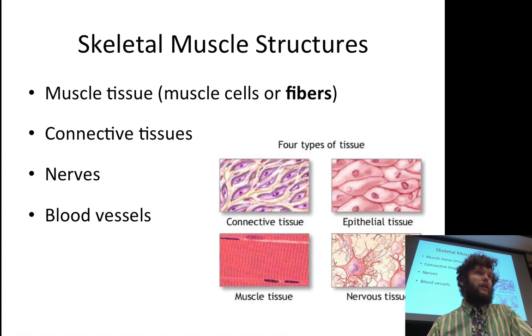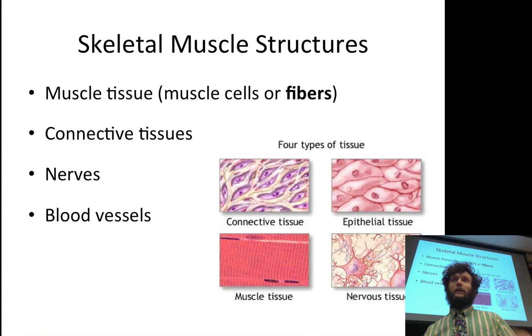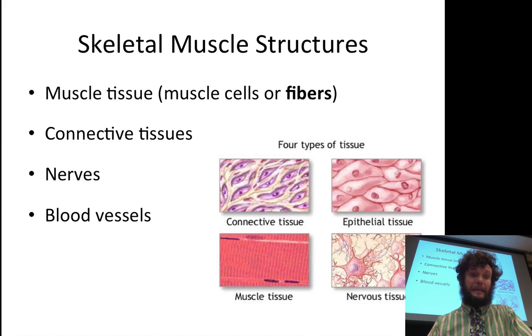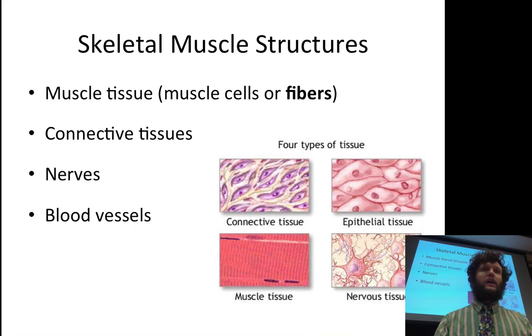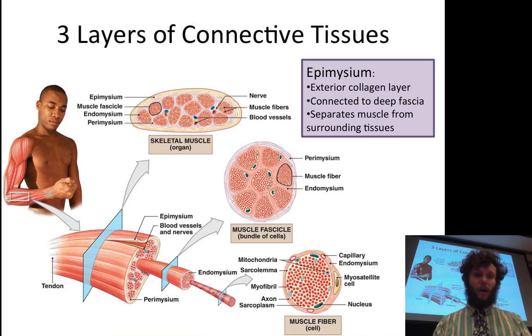Then there are connective tissues, which are separating, supporting, and guiding the muscle tissue, as well as a place for epithelium in the blood vessels that are absolutely essential to muscle function. All right, so let's talk about the connective tissue first.